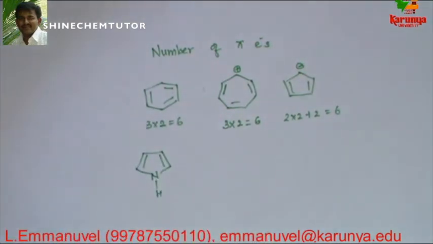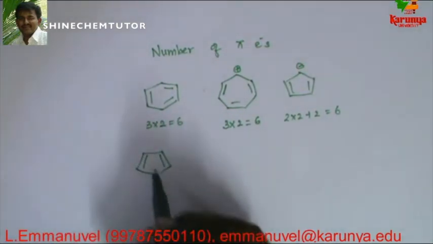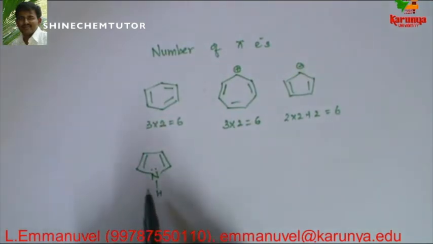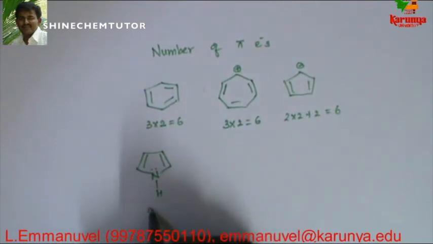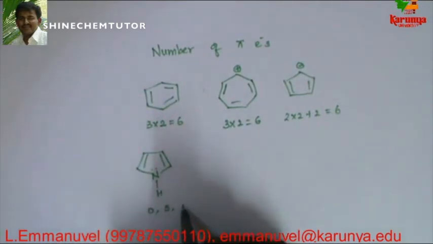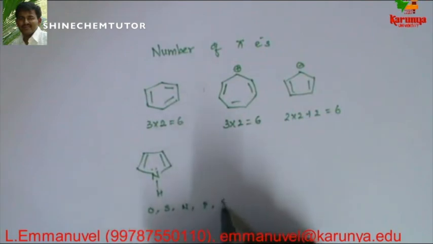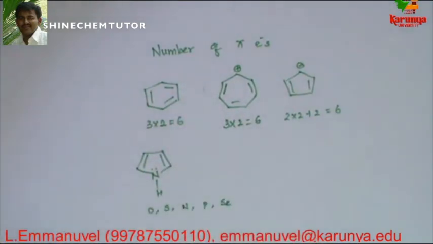If there is a heteroatom with a lone pair of electrons, it may be nitrogen, sulfur, oxygen, phosphorus, or selenium. All these atoms have a lone pair of electrons, so they can contribute 2 electrons for the molecule to attain aromaticity.